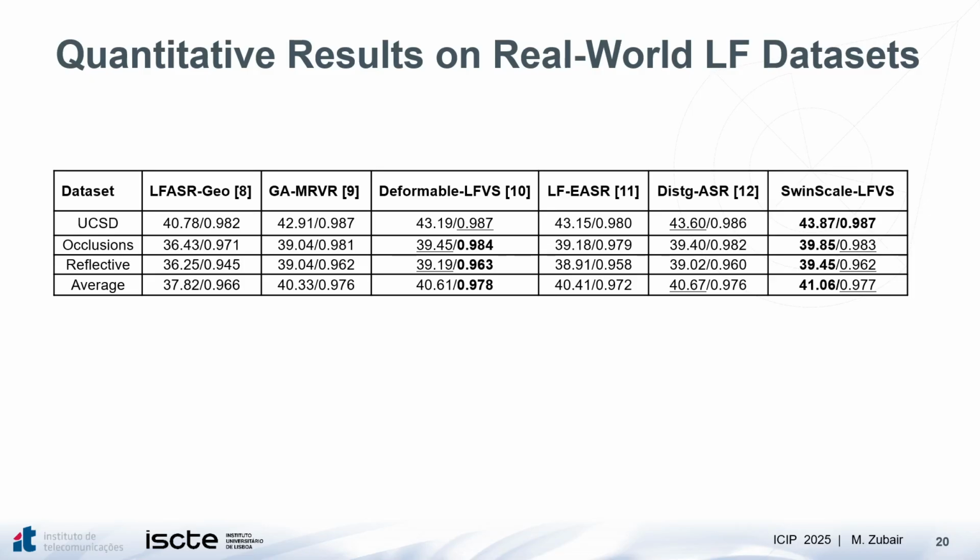In the real world dataset, as you can see, we have the best result on UCST as compared to other methods. While in the case of occlusion and reflective, we have the best result in terms of PSNR, but we are second in terms of SSIM. So overall, our method outperforms.